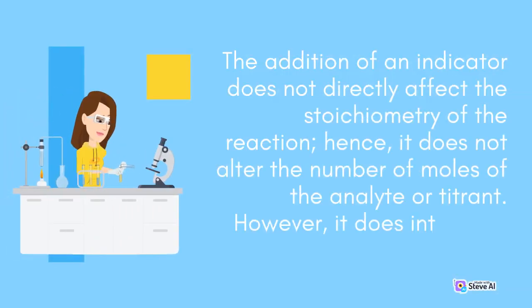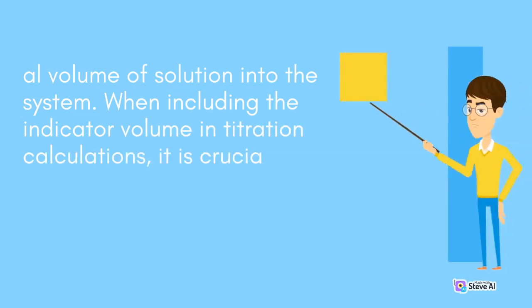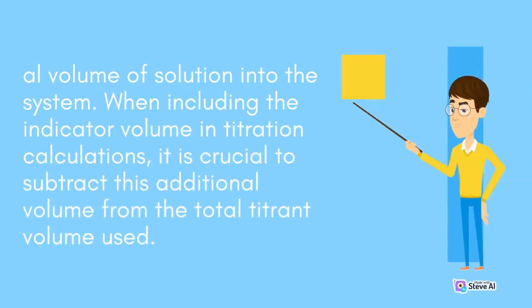The addition of an indicator does not directly affect the stoichiometry of the reaction, hence it does not alter the number of moles of the analyte or titrant. However, it does introduce an additional volume of solution into the system. When including the indicator volume in titration calculations, it is crucial to subtract this additional volume from the total titrant volume used.